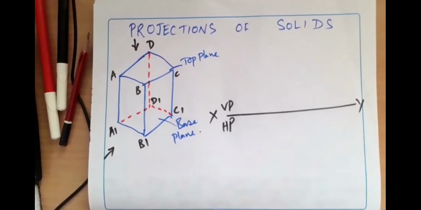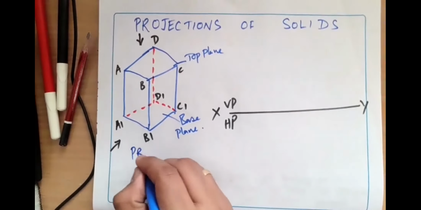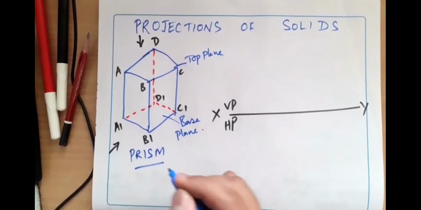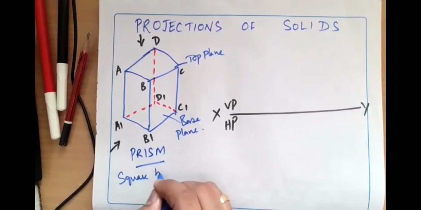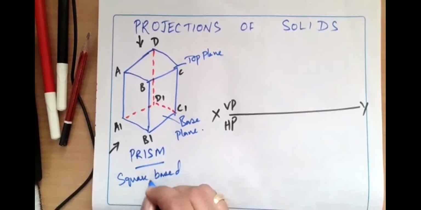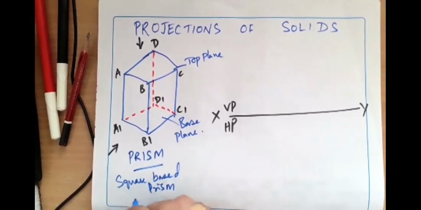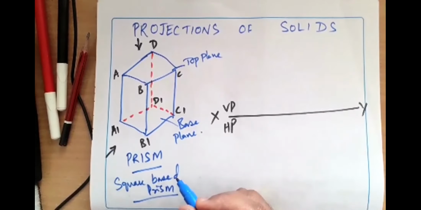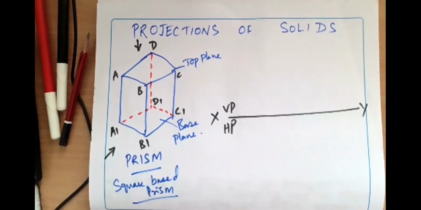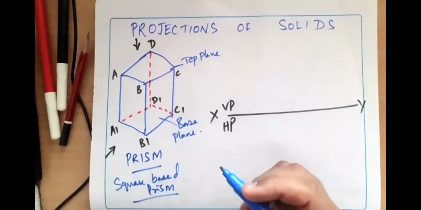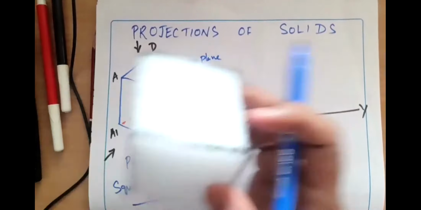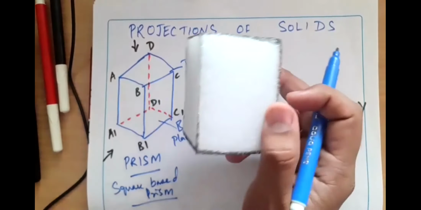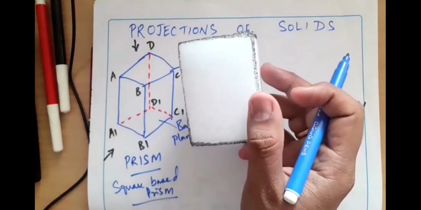How does this prism, this square based prism, look in the front view? If I keep this prism in front of the vertical plane, how is it seen?